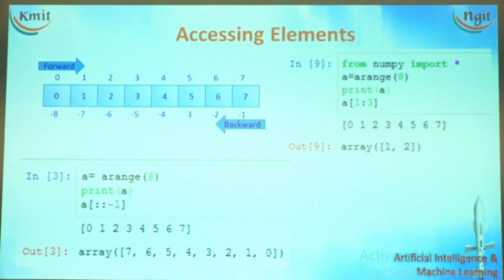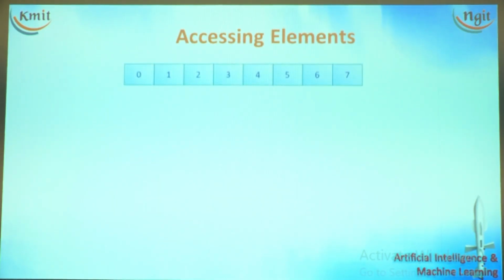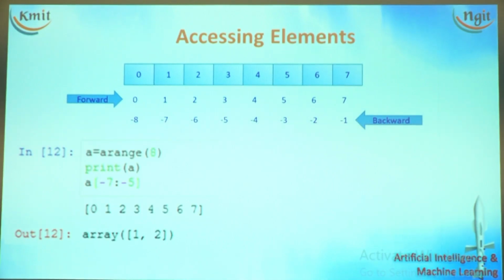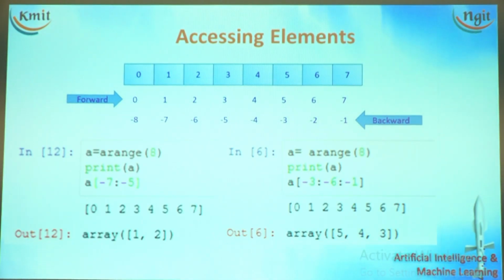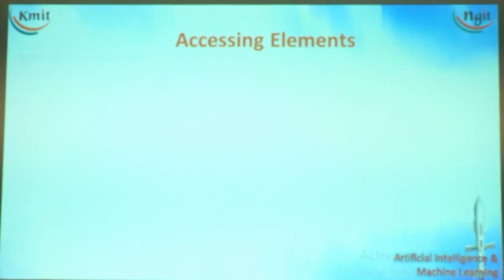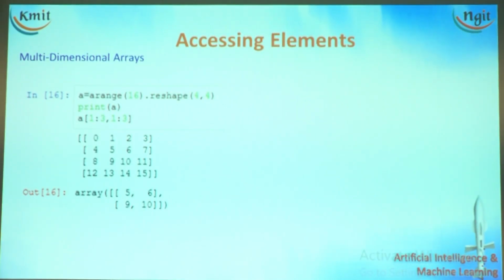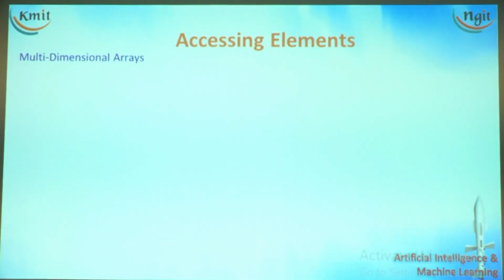Those who have done it, I appreciate it. Well done. So 2 colons and -1. There are a few people who do not know these concepts, they can look onto the screen please. Right. Now, I think you all can do this. Now can you create a multi-dimensional array for me?